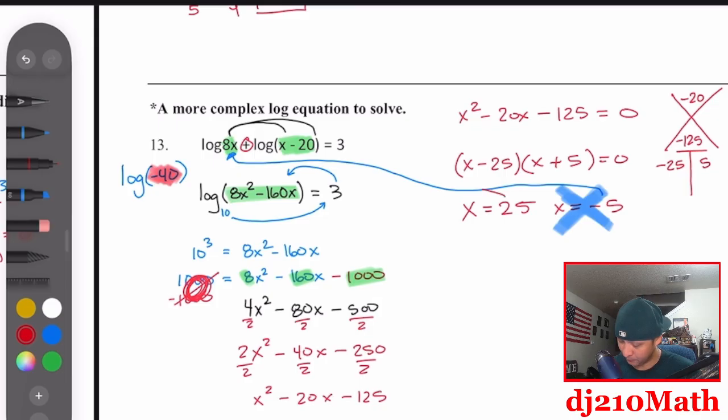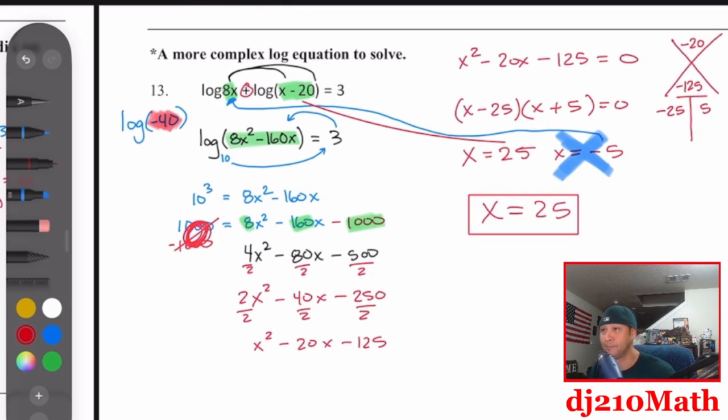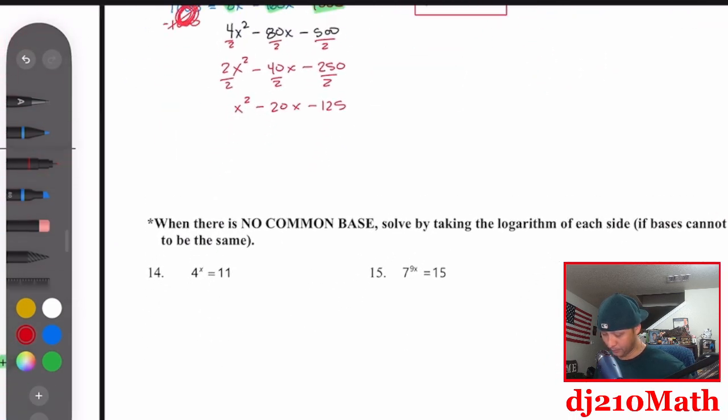If you plug in 25 here, that's a positive number, and plug into the other one, that's also a positive number. So the only solution is x equals 25. Can't have negatives inside, people. All right, are we almost done?